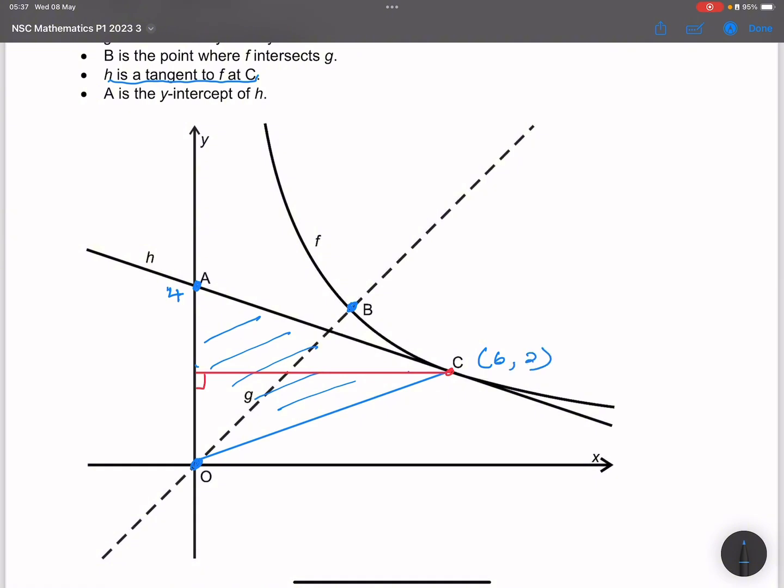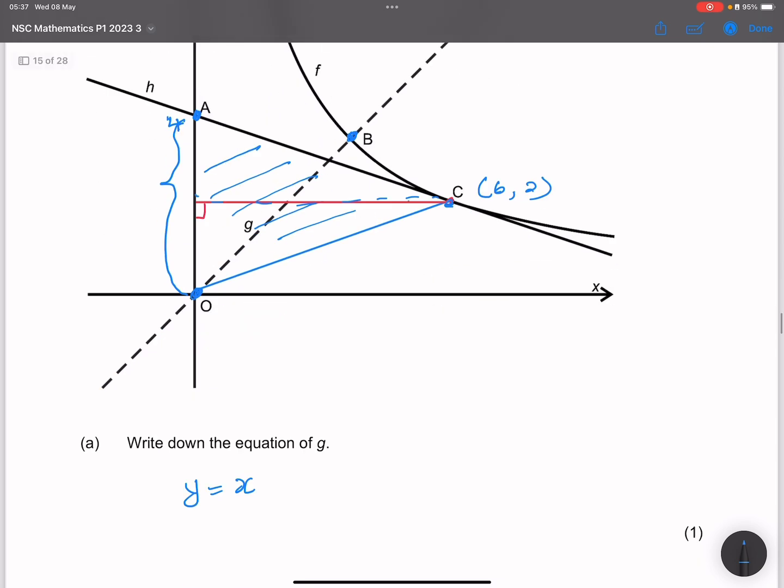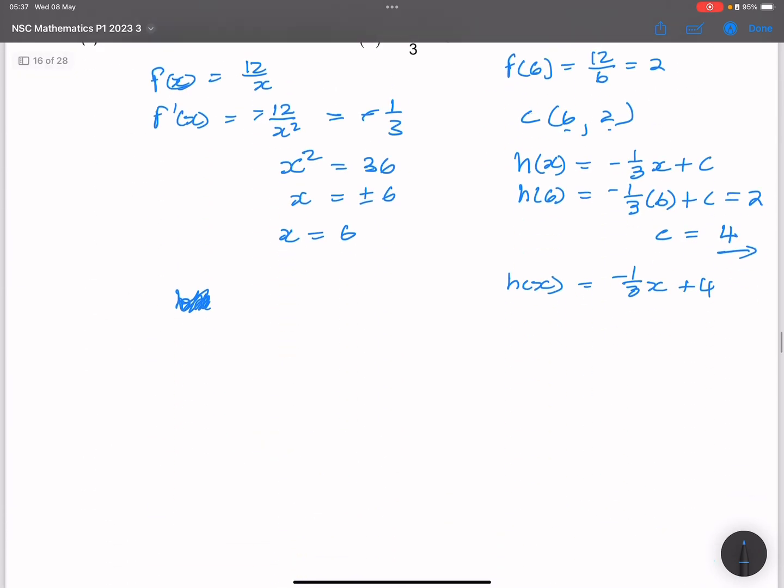Now, if you think about it, if I look at this as my base, our base will be 4. And our perpendicular height will be the distance of the x value, so it will be 6 there. So the area of triangle ACO will be equal to half base.